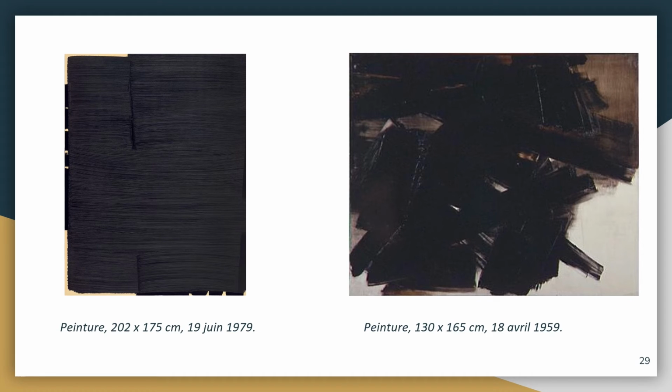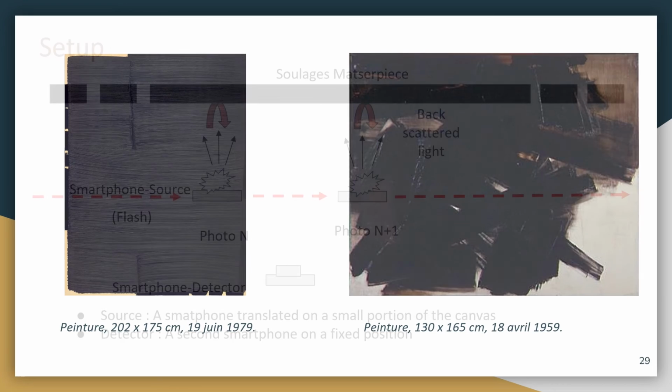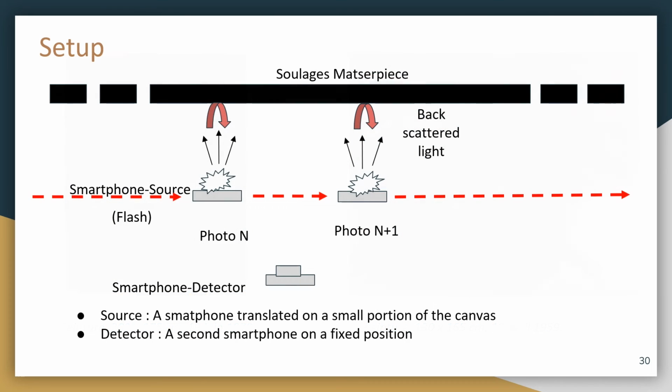The first one was painted in 1979 and the second one in 1959, which was older than the first one. So what setup did we use when we were in the museum? In front of a Soulage masterpiece, we had two smartphones.